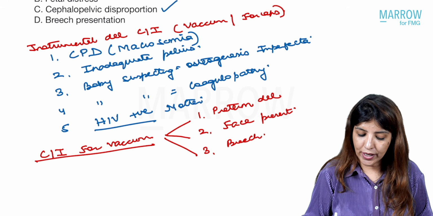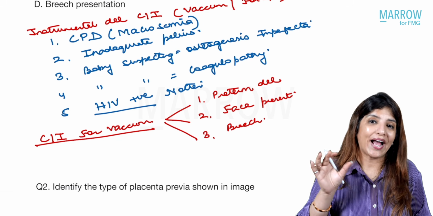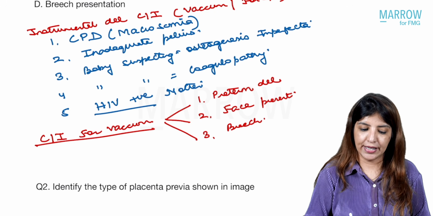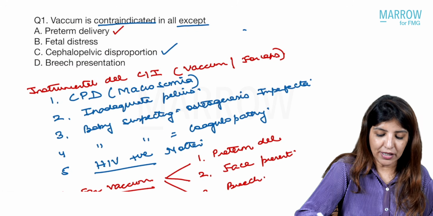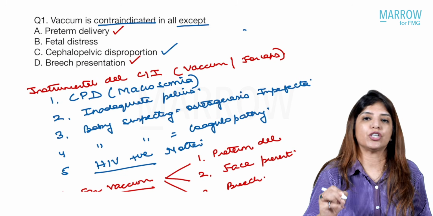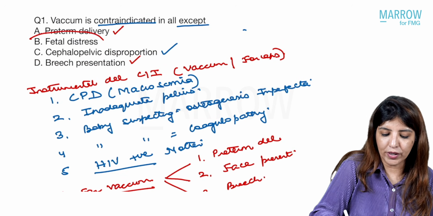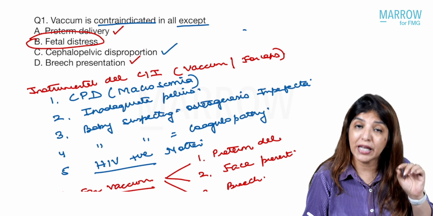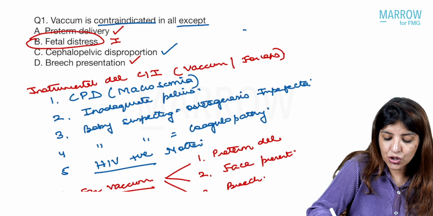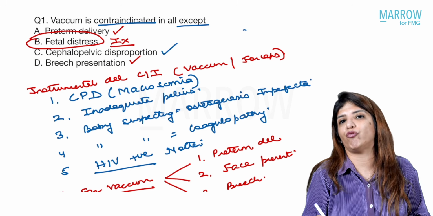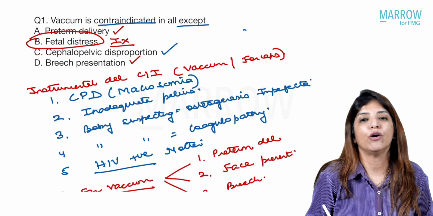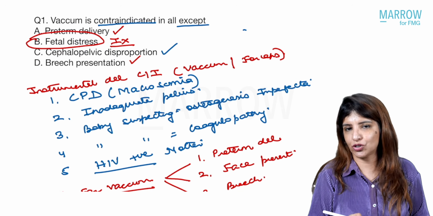Right? So in these conditions, vacuum is contraindicated. So preterm delivery, it is contraindicated. Breech, it is contraindicated. So the answer over here is fetal distress. Please remember, fetal distress is an indication for using forceps and vacuum. It is not a contraindication.